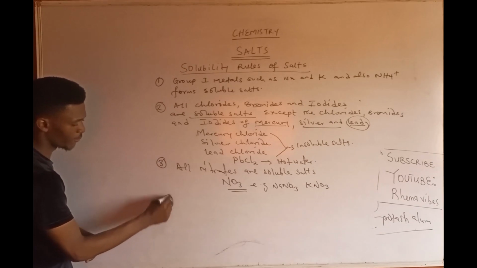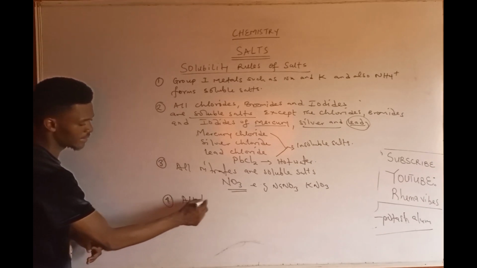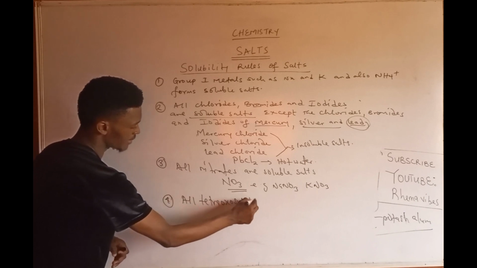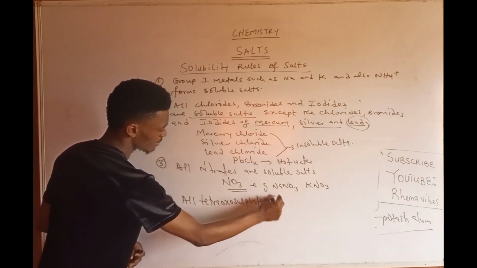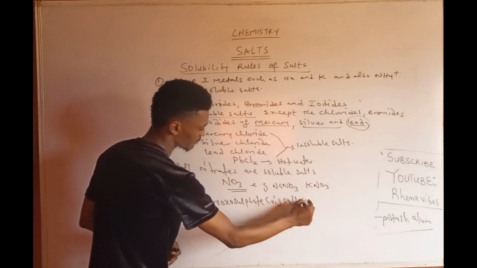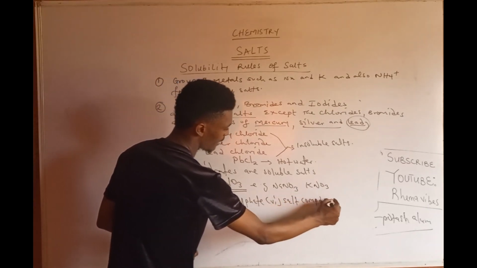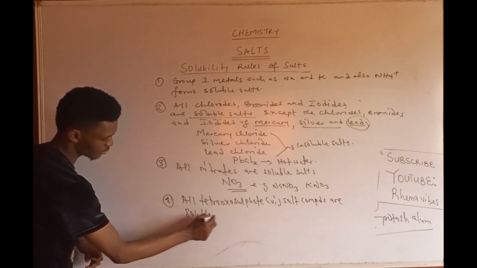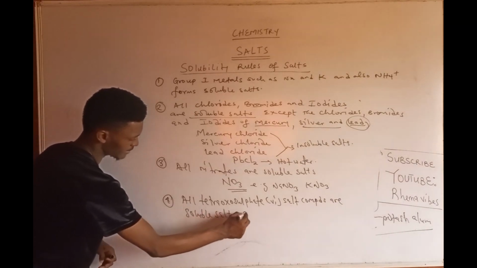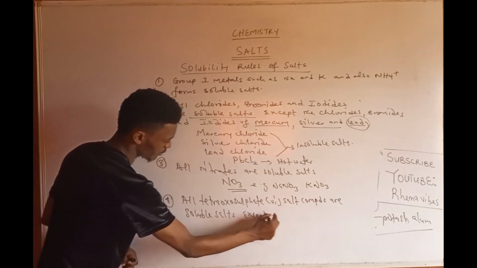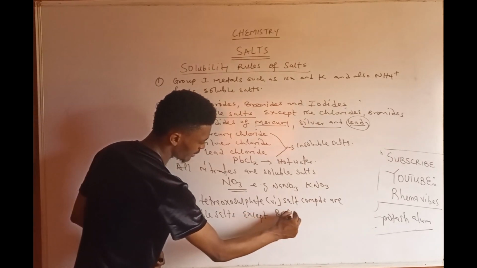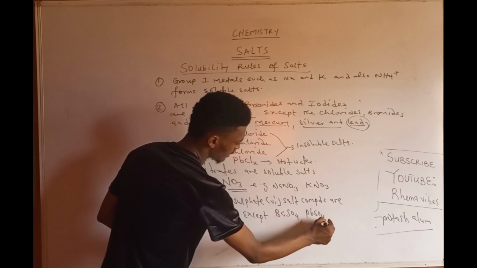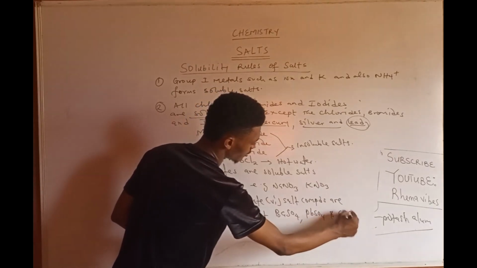Then rule number 4: all tetraoxosulfate(VI) salt compounds are soluble salts, except barium sulfate, lead sulfate, and calcium sulfate.